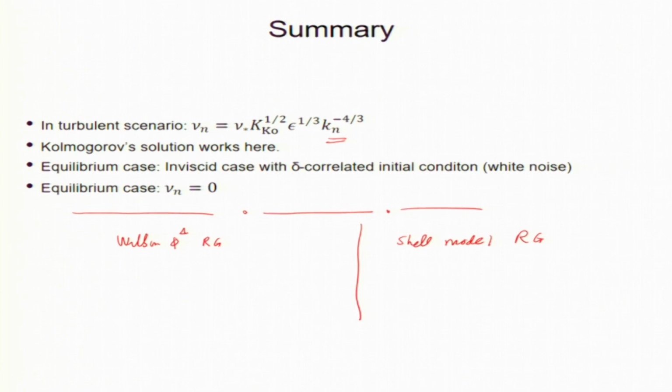A few things are obvious: d by dt, there was no time here at all, d by dt was 0. Here d by dt is there, it is dynamic, but of course we are looking at steady state. So d by dt is not playing a big role, since it is a steady state that we look at.